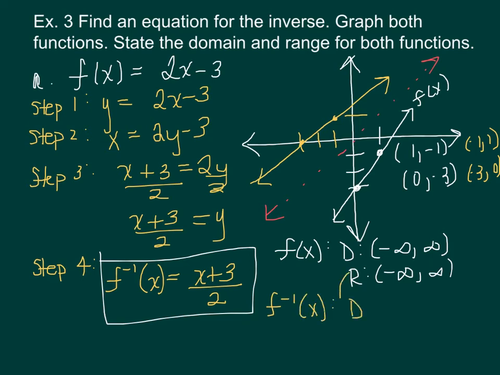Your domain would be your range, which is -infinity to +infinity. And your range would be your domain, which is -infinity to +infinity. So remember, inverse means we switch x and y. So for domain and range, you have to switch. So range becomes domain, domain becomes range.